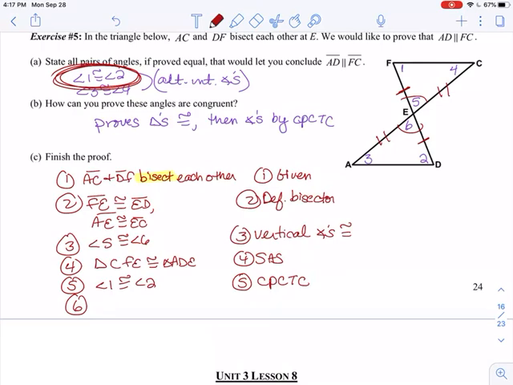And now since they're congruent and they happen to be alternate interior angles, that's what makes AD parallel to FC, which is what I wanted to prove. If the alternate interior angles are congruent, then the lines are parallel.